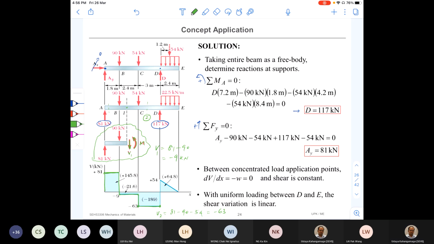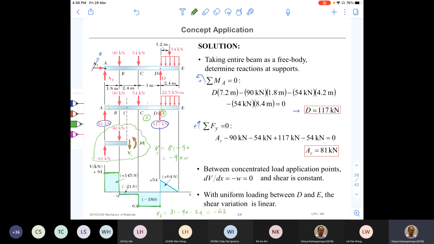Okay. At D, what's going to happen? Suddenly there's another force, right? Let's say I'll take just after D, D plus, maybe at this point 3.